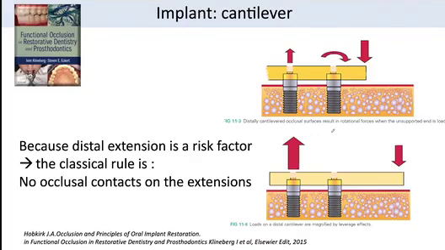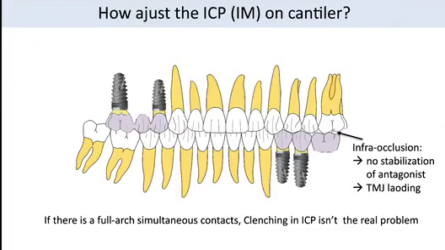But it's not really clever, because if you have infraocclusion of the cantilever here, first you have no stabilization of eventually a natural antagonist tooth, and you have TMJ loading. So it is not very efficient.